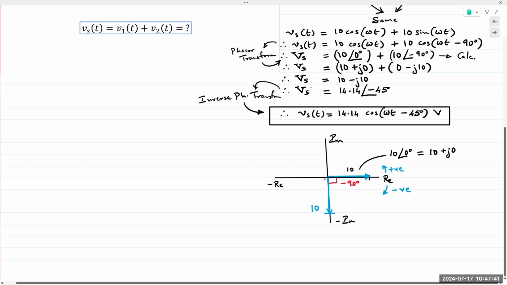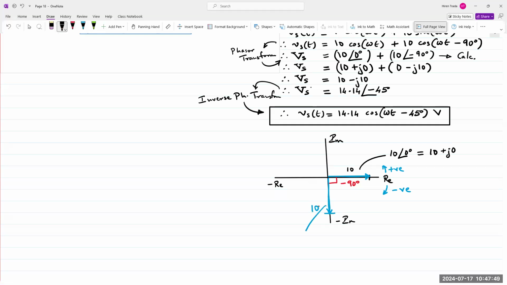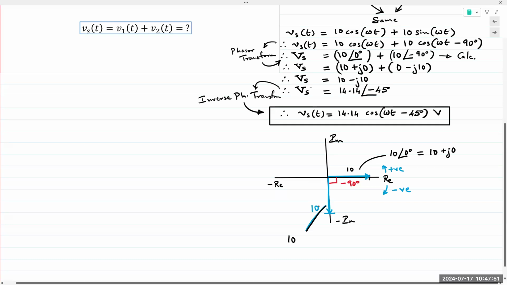And now if I convert that into rectangular coordinates, with an angle of minus 90, the projection of this vector on the real axis is 0. And the projection of the vector on the imaginary axis is minus 10.